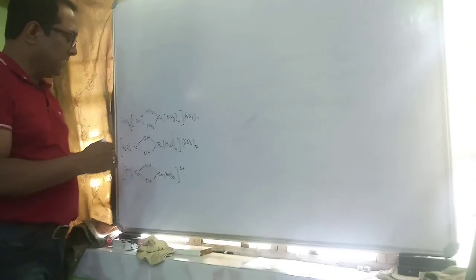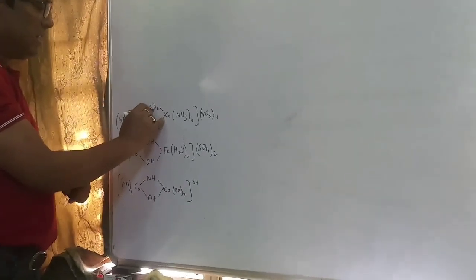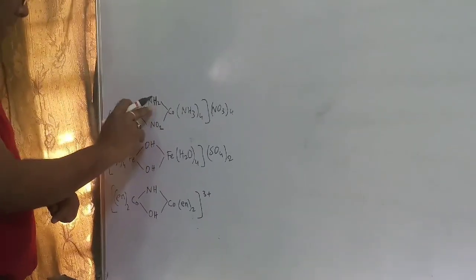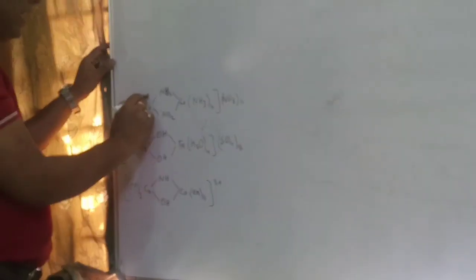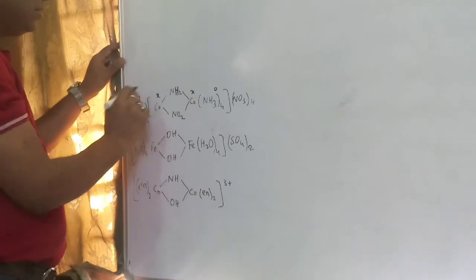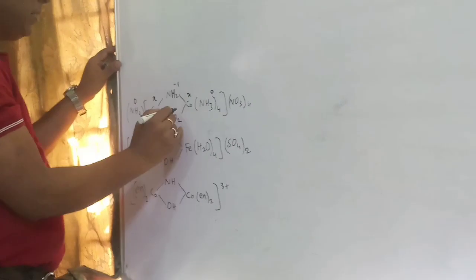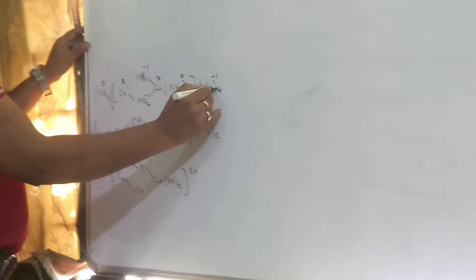In these bridging ligands, this is the nitrito, this is the amine part. So we can write this as X and X, this is 0, this is 0, this is -1, -1, and -1.